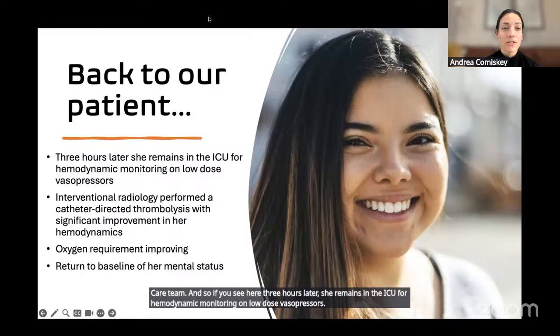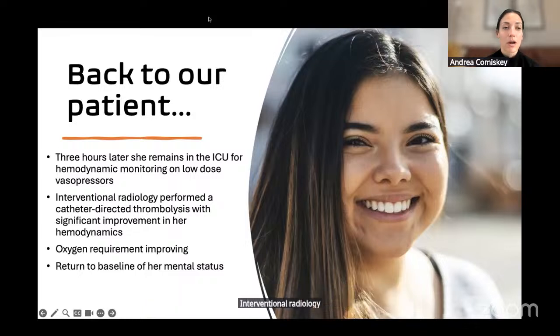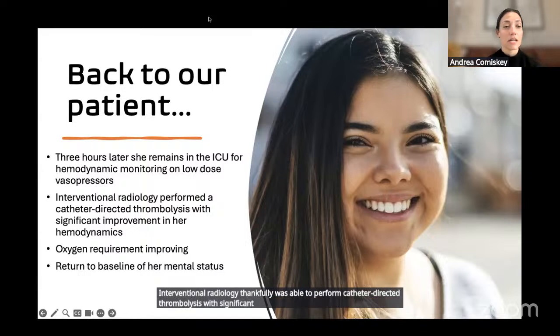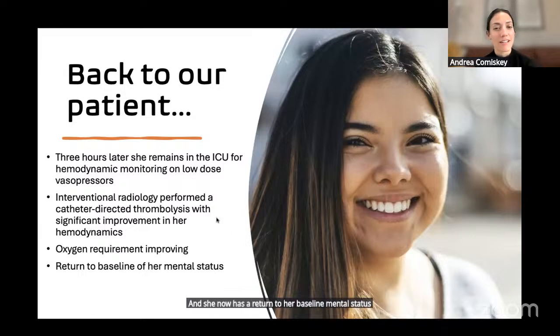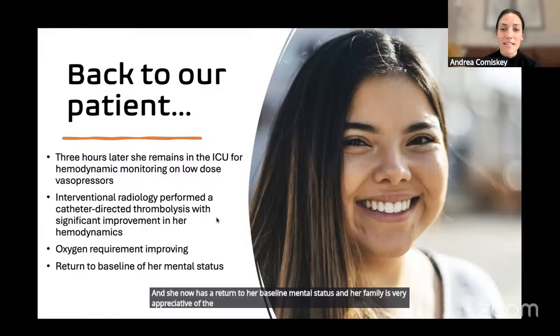Interventional radiology thankfully was able to perform catheter-directed thrombolysis with significant improvement in her hemodynamics, and her oxygen requirement continues to improve throughout her stay. She now has a return to her baseline mental status, and her family is very appreciative of the care you've provided as well.